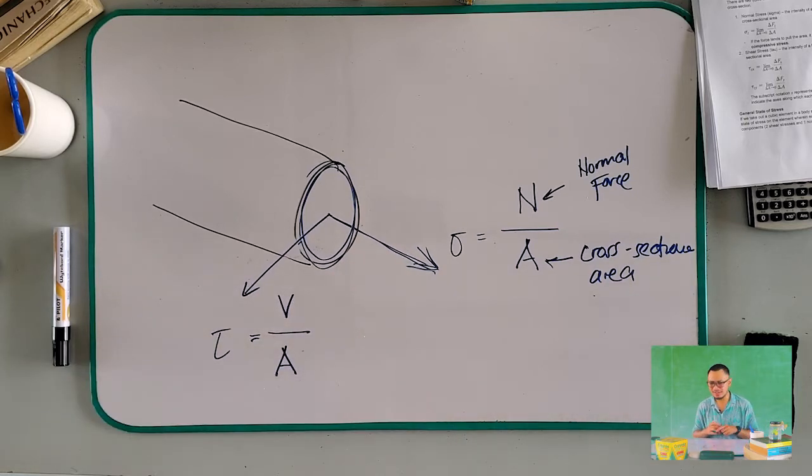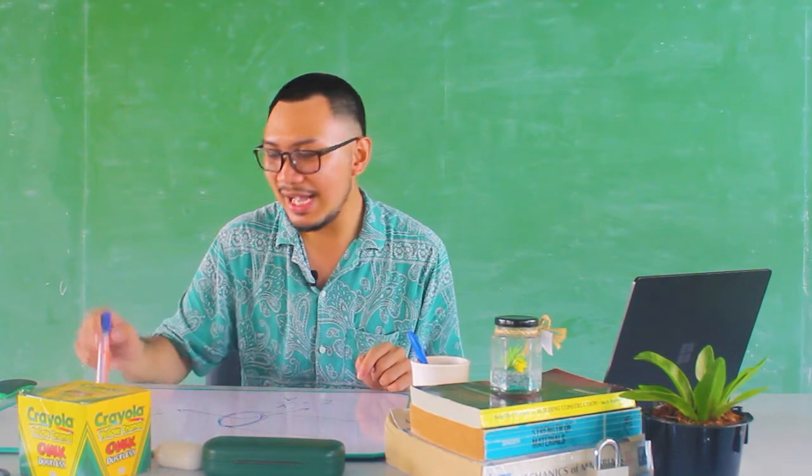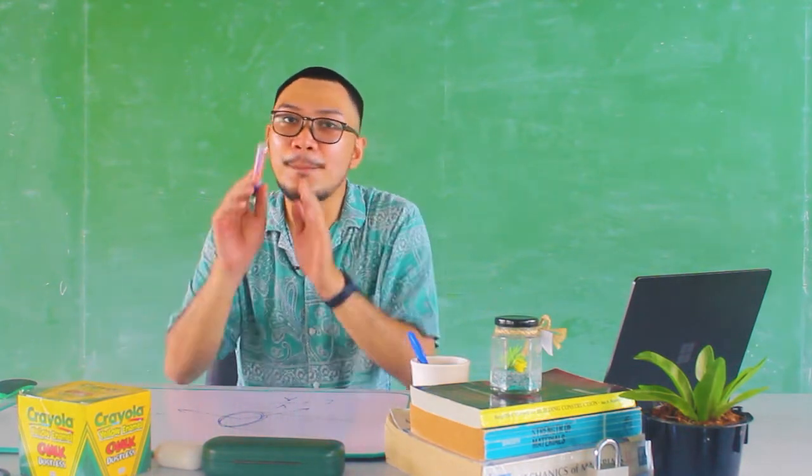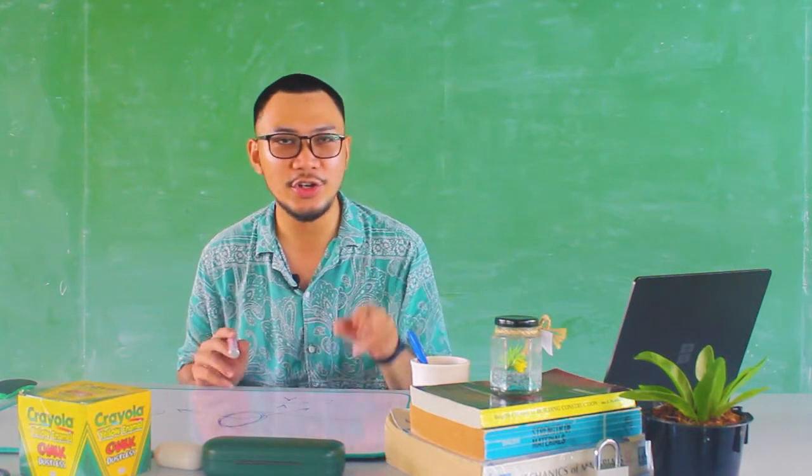Unsa maning V, sir? Nganong V og N man? Take note again, these are forces. The only difference of these forces is its direction. So, again, on your normal stress, ang atong direction sa force is perpendicular to your cross-sectional area. But on the other hand, on your shear stress, the direction of your force is parallel to your cross-sectional area.